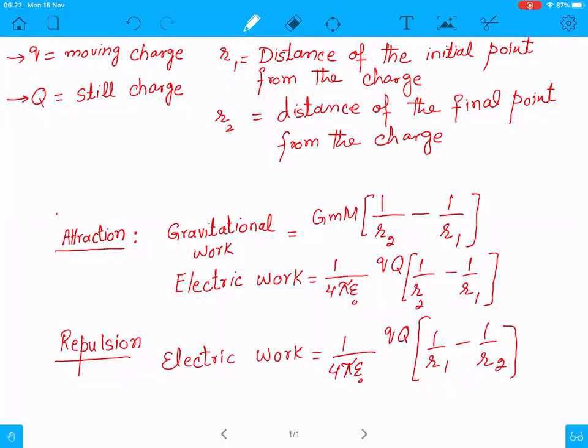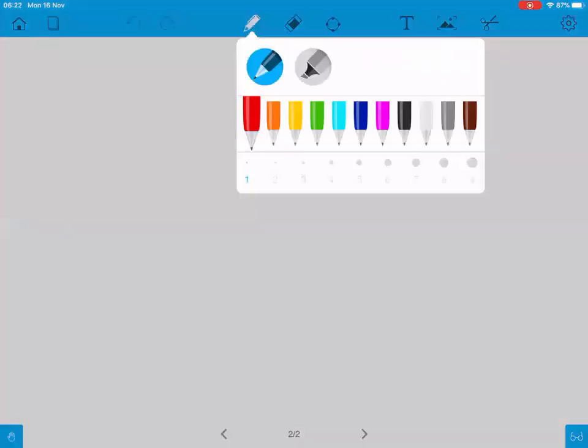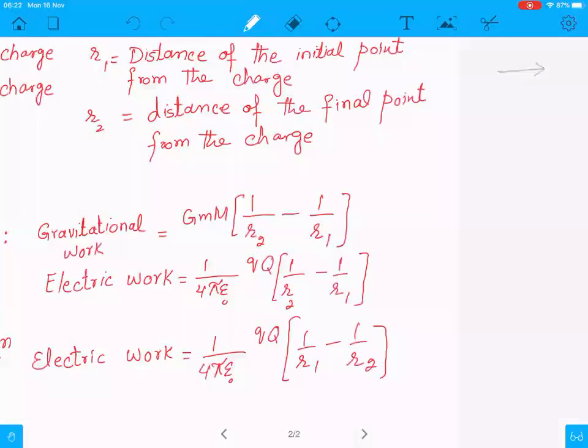Now, if we move on, for example, if we go with electric potential of a positive charge.